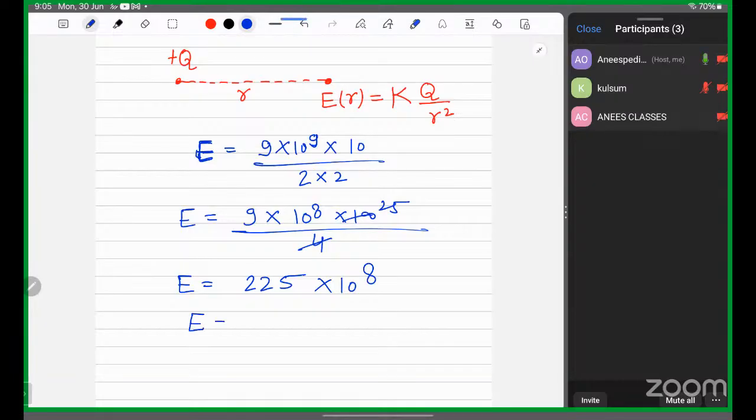What will be the answer? Anyone in the whole batch, tell me. 2.25 into 10 raised to power 10. Sure? Yes. What is the SI unit for electric field? The SI unit for electric field is Newton per coulomb.